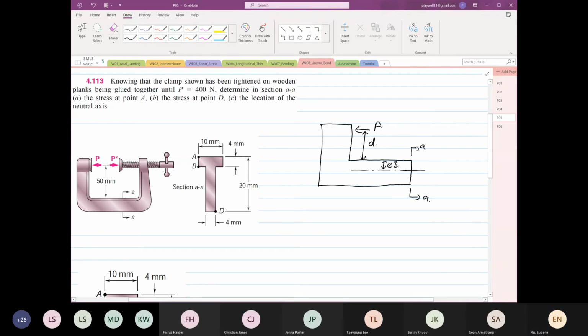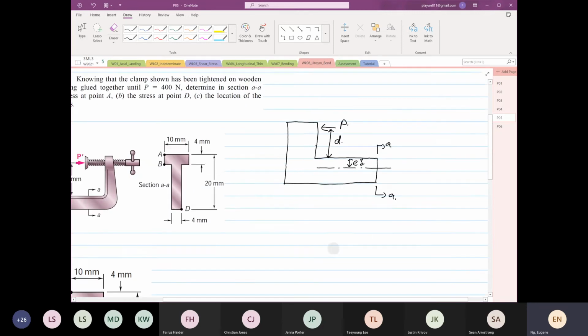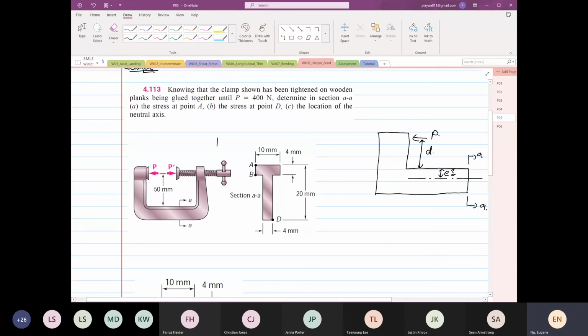So action equal to reaction. So if I'm going to draw my transformation over here.